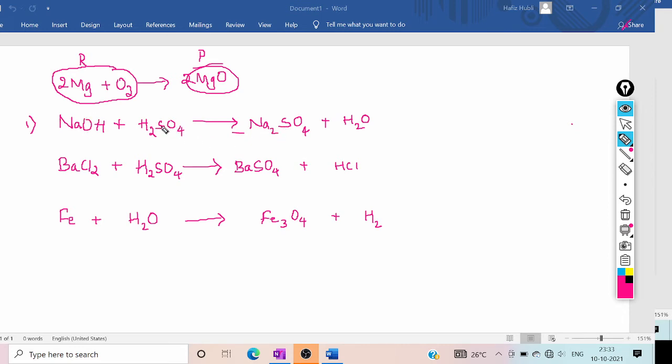So how do you do that? See here, in a balanced equation, the number of atoms of each element in the reactant must be equal to atoms of those elements in the products. That's a balanced equation. If they are not, then it's a skeletal, and skeletal equations should be balanced.